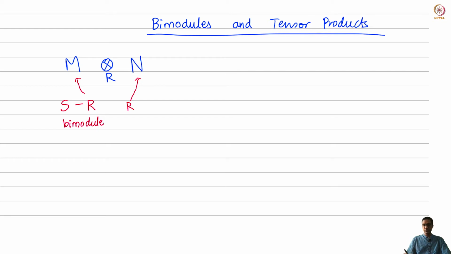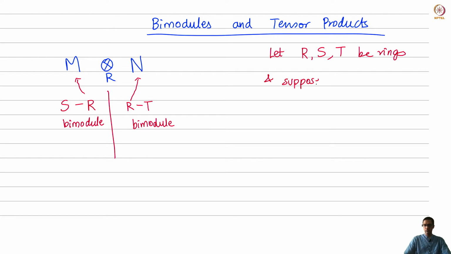In other words, M is an S-R bimodule, and similarly suppose N is an R-T bimodule. What are all these R, S and T? Let them all be some arbitrary rings.